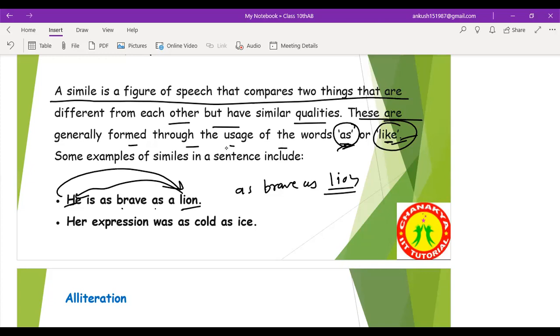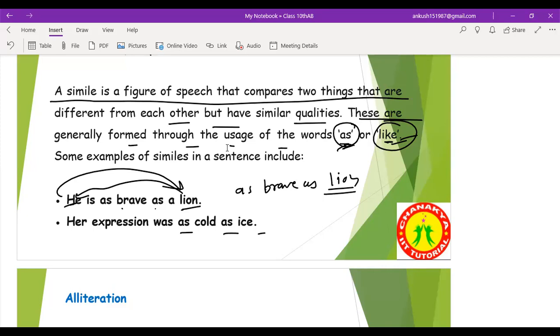Understood? Her expression was as cold as ice. In Hindi, 'ke jaise', whenever we speak in Hindi, like 'tum chand jaise dikhte ho', you look just like the moon. This simile is used most of the time by the youth.